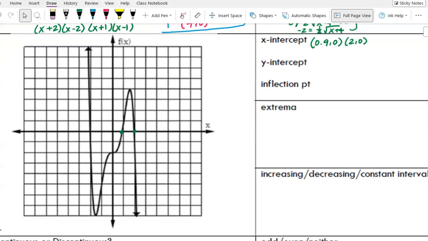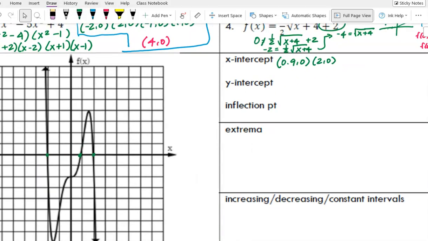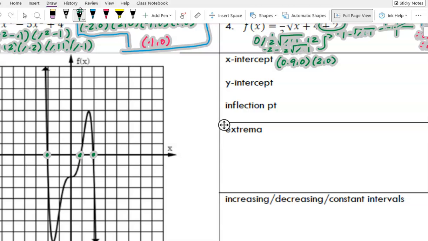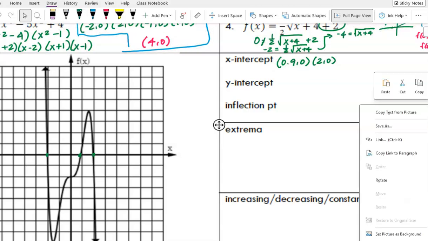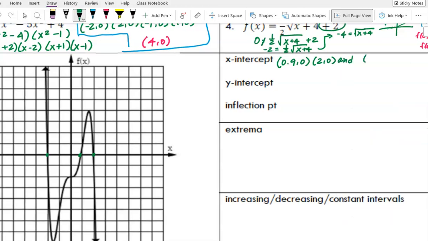And then over here, you can kind of think it doesn't really go through. It's kind of on the outside right there. So it looks like a negative 2.1, 0. That's the best estimate. The y-intercept is going to be right here, and so that is going to be (0, -2).